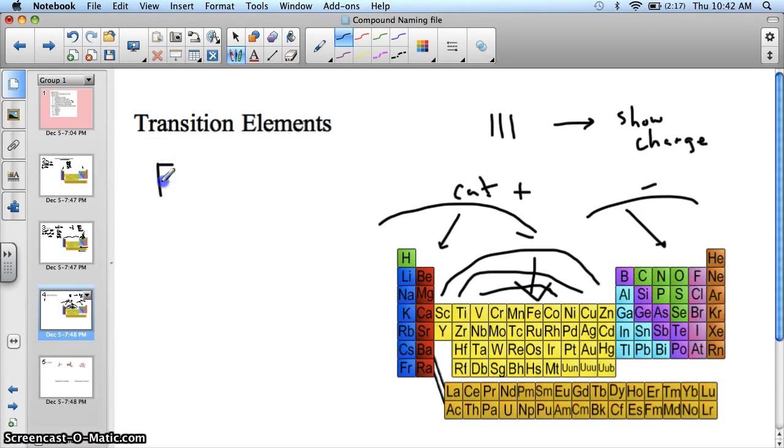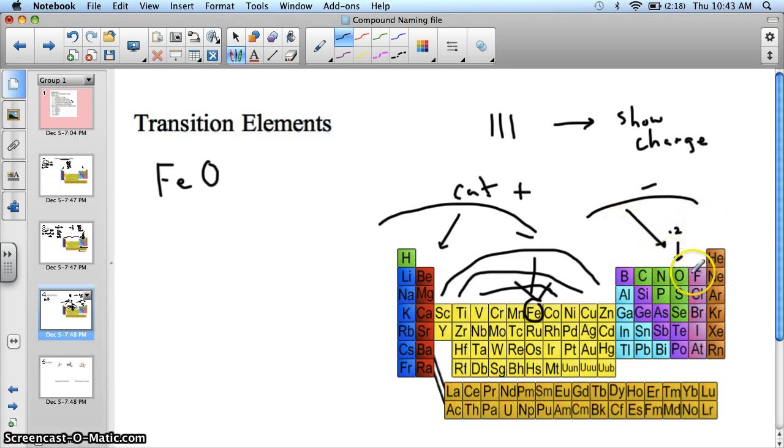For example, we have FeO, iron oxide. Keep in mind, you'd name it just like you would an ionic compound because it does have a metal in it. Here's iron. We don't have a simple valence for it. We don't know what the charge is yet, but we do know what the charge is for oxygen whenever it's an anion. You have this column is all -2.